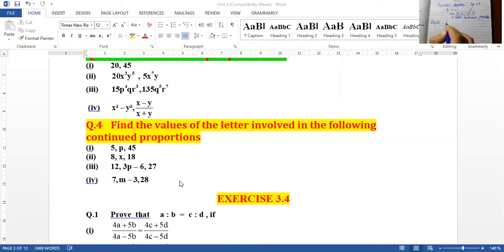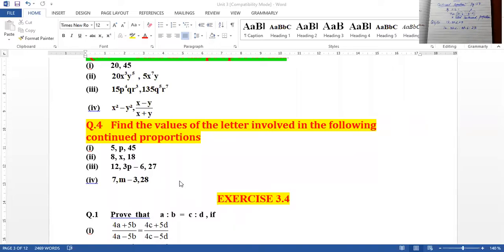that is 12, 3p minus 6, 27, and we arrange it according to the definition. That is, first will be 12, that is the first proportion. Second is 3p minus 6. Sign of proportionality, again you will write 3p minus 6, and then you will write 27, like this one.